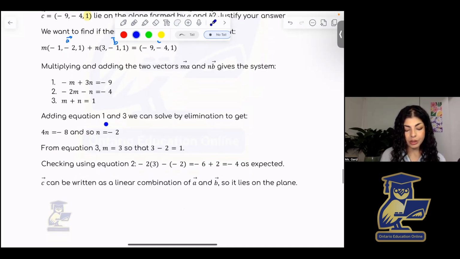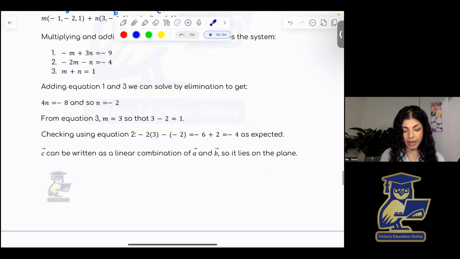Now, adding equations 1 and 3, we can do the process of elimination there. I end up with 4n, and -9 plus 1 is -8. So then n is just -2. And now from equation 3, m plus n is just 1, so m is equal to 3, so that 3 minus 2 is 1.